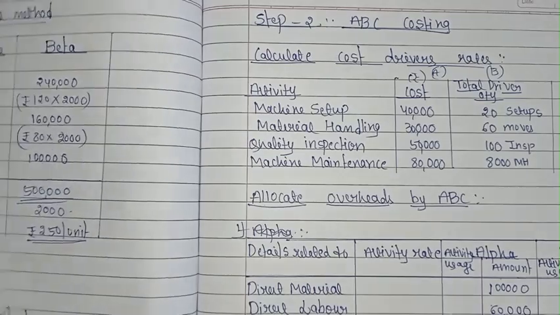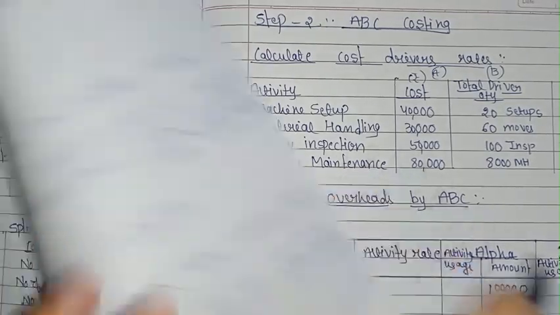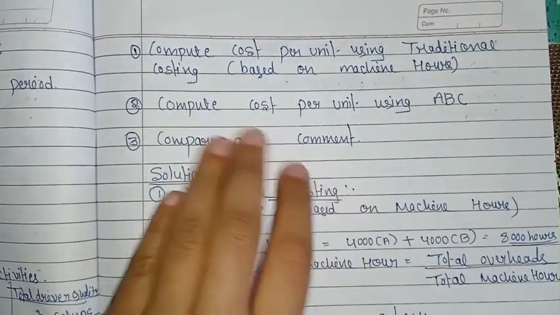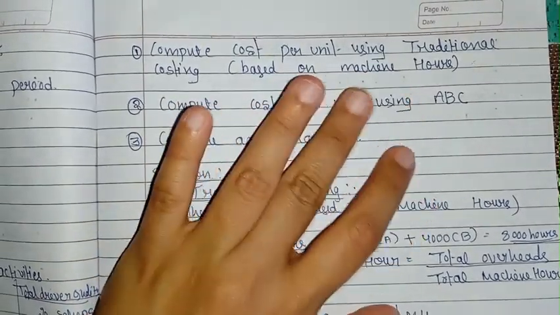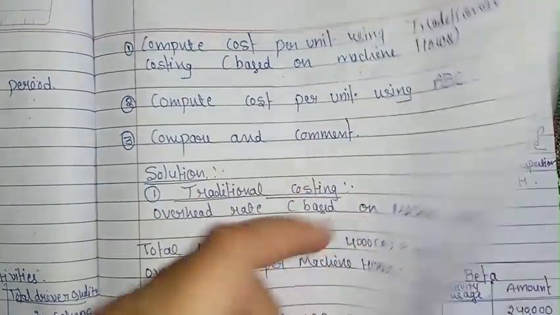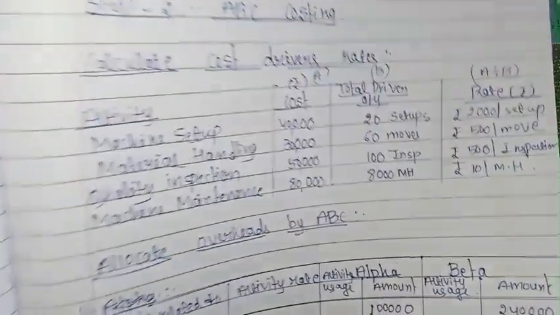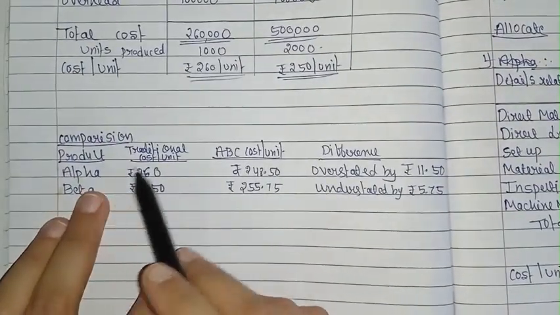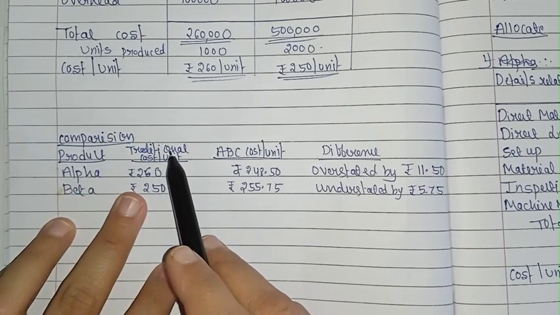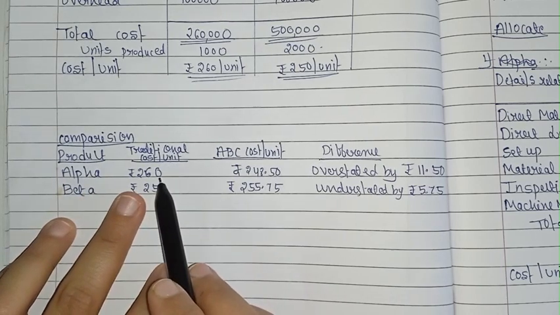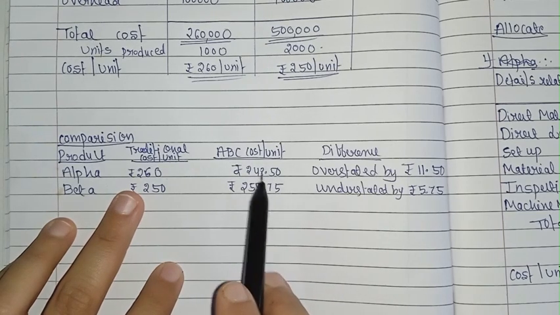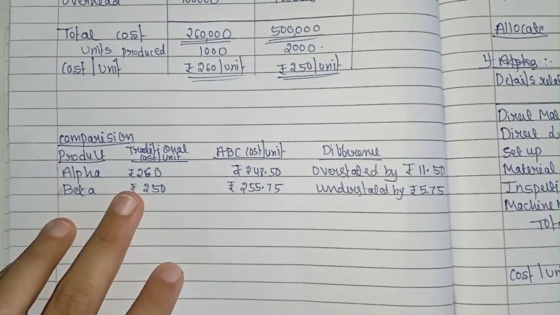Now what they said in the problem: compute cost per unit using the traditional method, that is over, and compute cost per unit using ABC, that is also over, and after that compare and comment. Now we need to compare. So this is the table. Product alpha cost per unit under the traditional method is rupees 260 and under ABC it is 248.50, right?